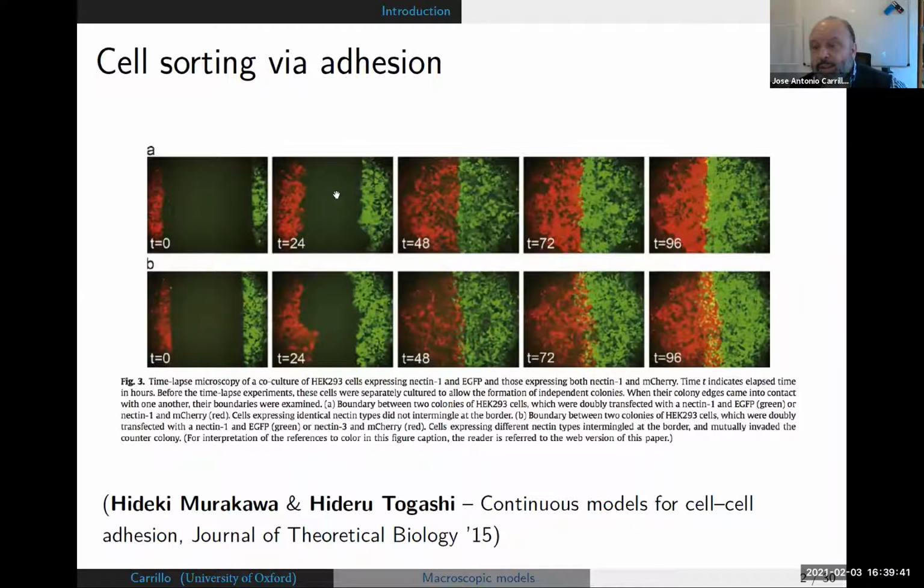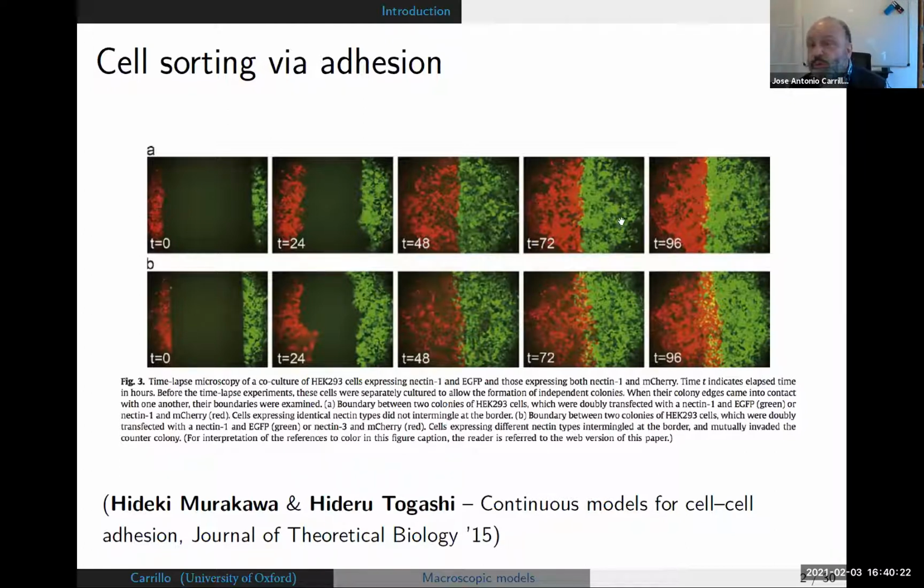And the main point here, from the biological point of view, is that they can control the level at which certain proteins are produced in the cells. So they can essentially control, in this case, certain nectins and another type of protein, cadherin, that control somehow the ability of these cells to form adhesive bonds with nearby cells.